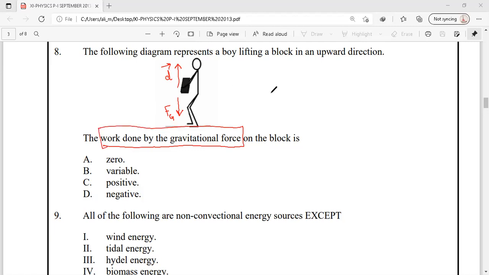As we can see, the gravitational force and the displacement d are opposite, and opposite means that the angle between them is 180 degrees. So in that case the work done is always negative. So option D is the right answer.